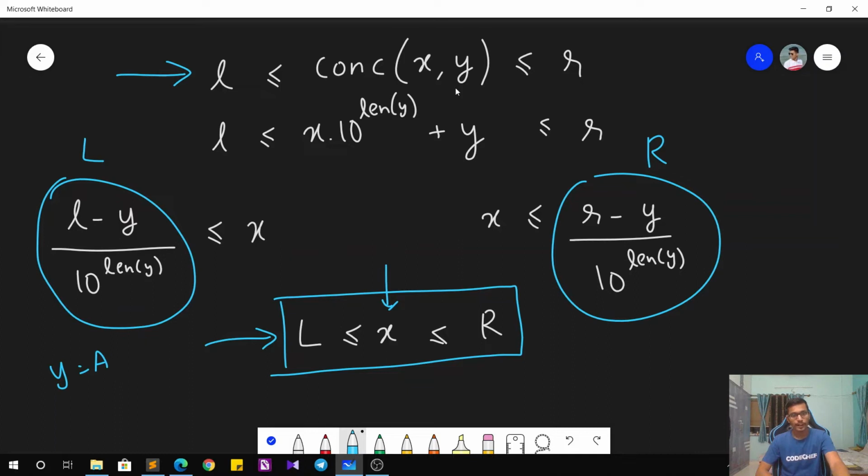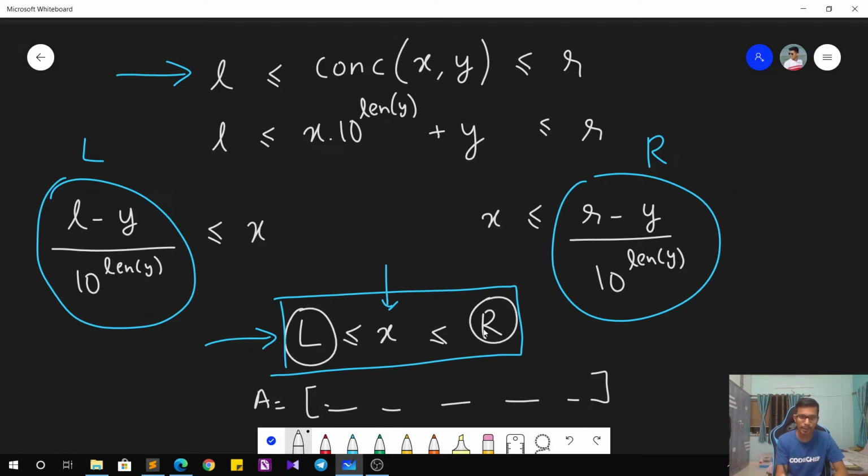Now again, how to calculate this efficiently? You have the array A given. How do you count the number of entries in this array that lie in the range capital L to capital R? You don't have to iterate over the array.